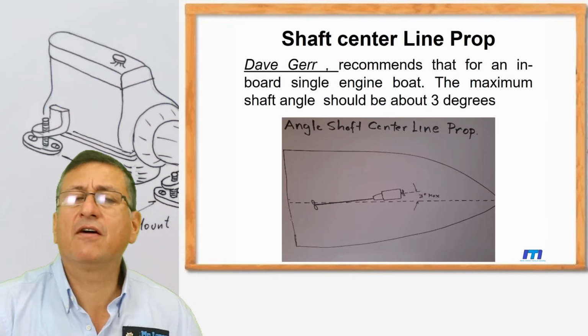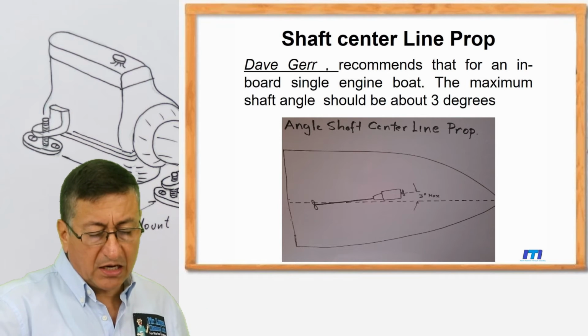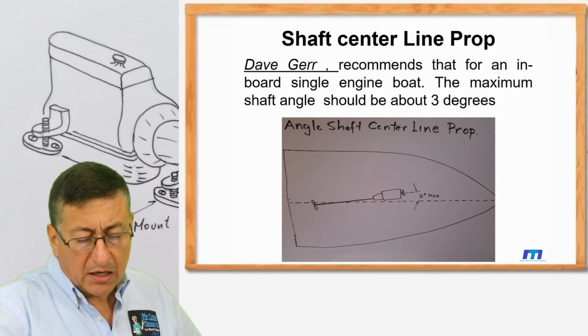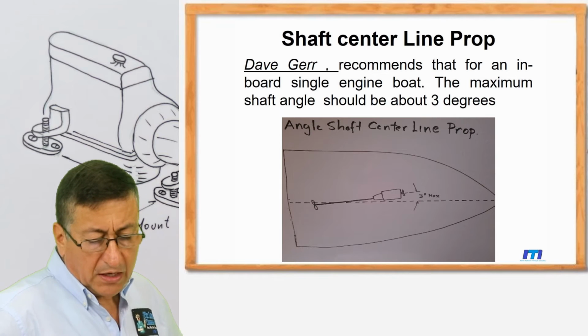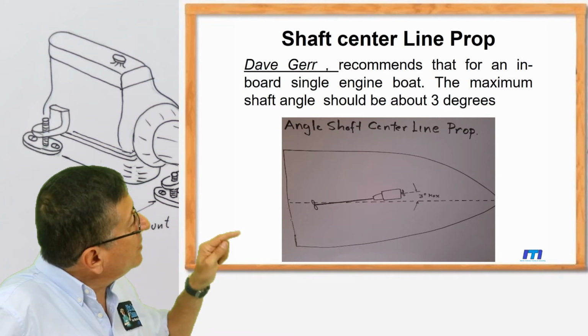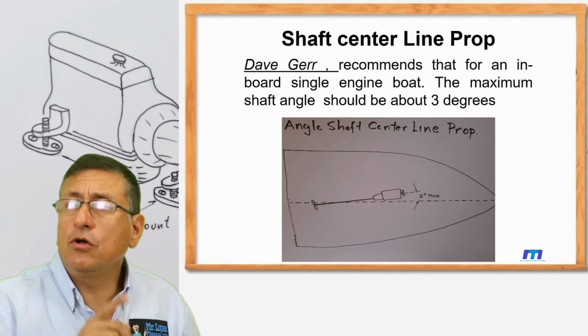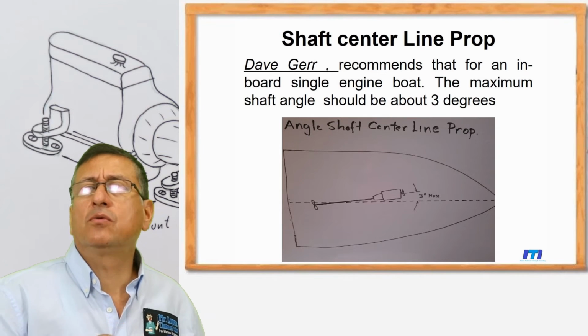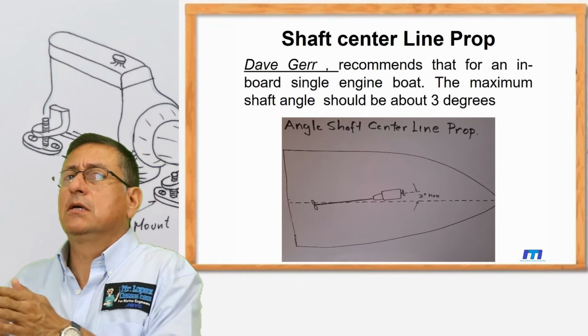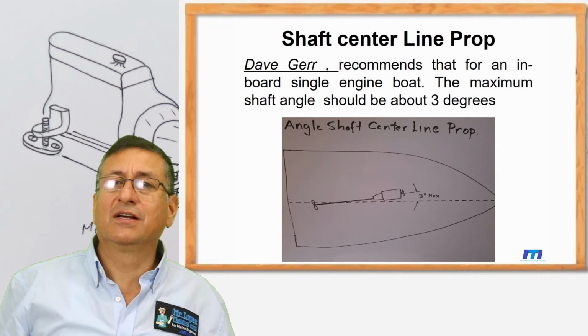For example, if I have a single engine, David Gerr recommends that for an inboard engine, the maximum angle of deviation should be 3 degrees. That's the maximum in order to avoid the boat steering in one direction, right?